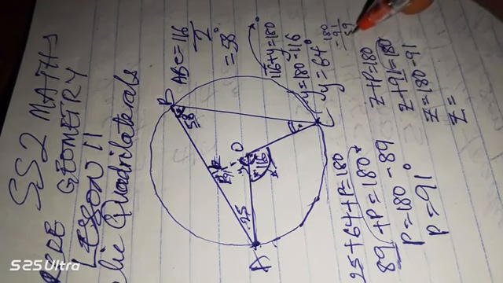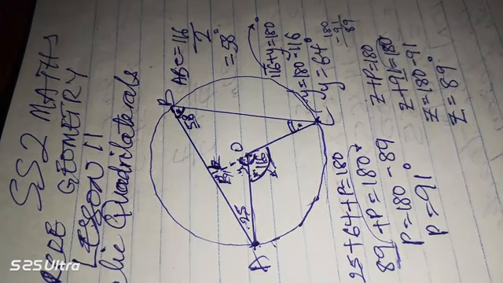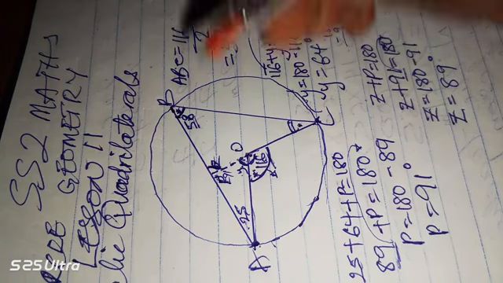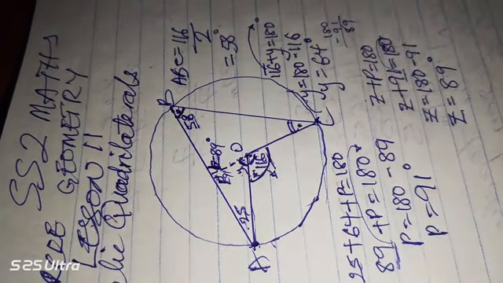That will give us 89 degrees. So this angle Z is 89 degrees.